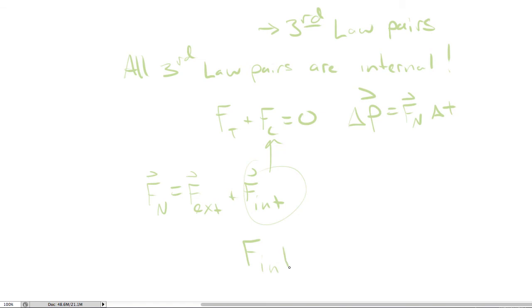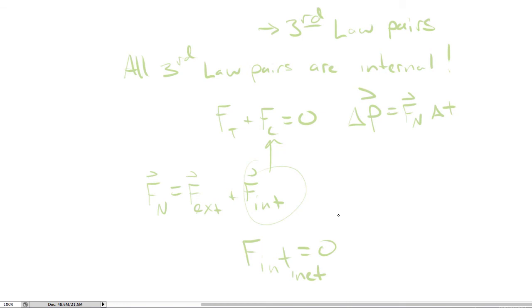So when you add up all of the internal forces, that term's always 0. It can't not be 0. If you're really talking about internal forces, it's always 0. And so the way that you can identify a force that's internal to your system is whether or not you can identify it as part of a Newton's third law pair. If you can find a third law pair, then I'm not going to worry about those. I'm not going to draw them. They don't apply. They just cancel each other out.